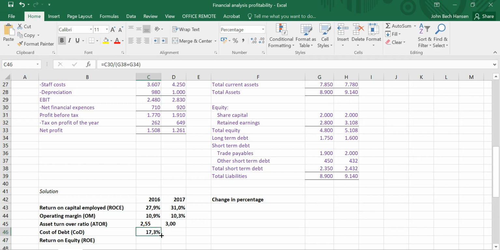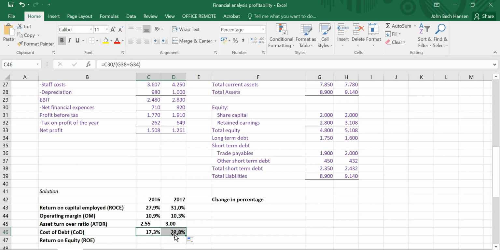And we can see here that there is an increase in the expenses, and it's relatively higher. You see there's a decrease in long-term debt. So of course here we see that the cost percentage is increasing.